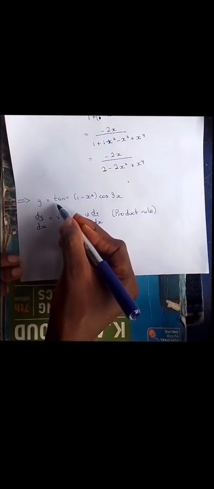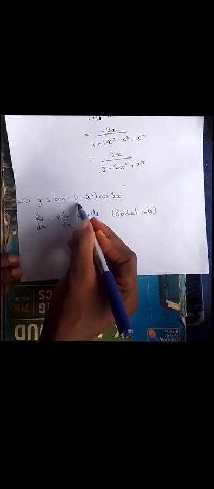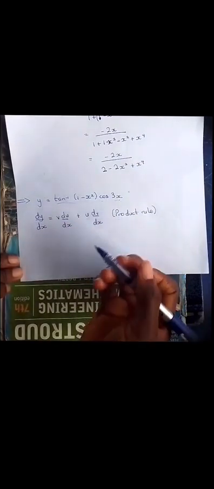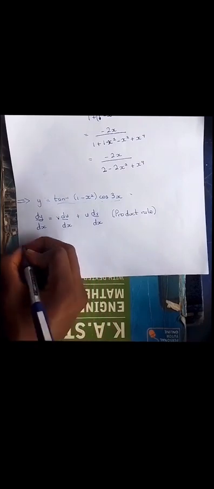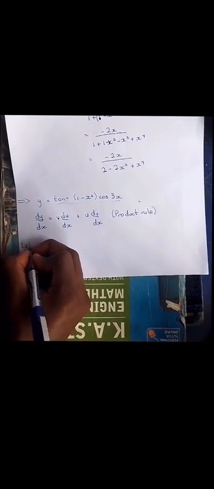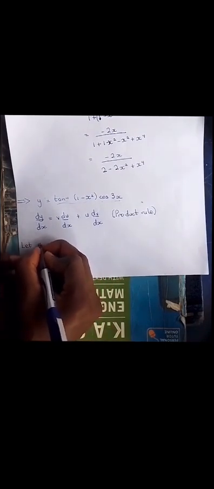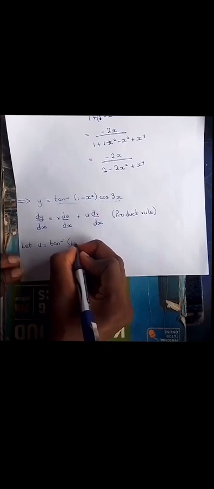So we say let this one be our u and cos 3x will be our v. So we're going to say let u be equal to arctan(1 minus x squared) and v is equal to cos 3x.